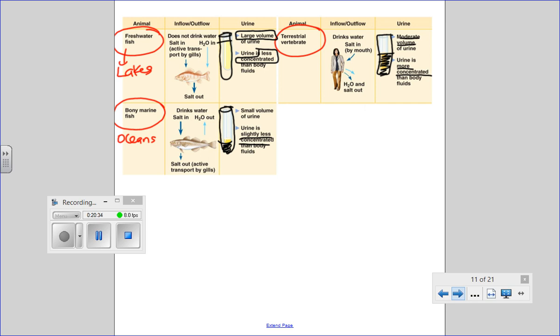So if I was going to compare these three organisms, I would ask you something like, is the volume high, medium, or low? That's lakes, humans, oceans. And what's the concentration like? Is the concentration low, like in a lake, high, like in a human, or just a little bit less concentrated? So that ocean one would be the medium concentration.